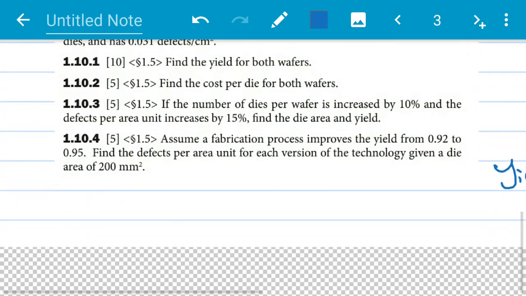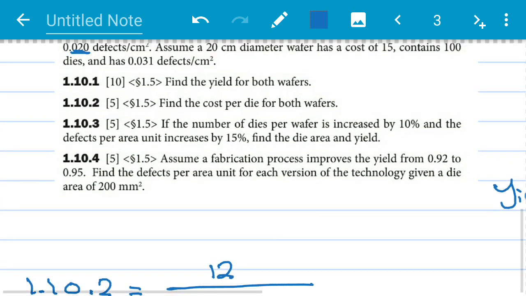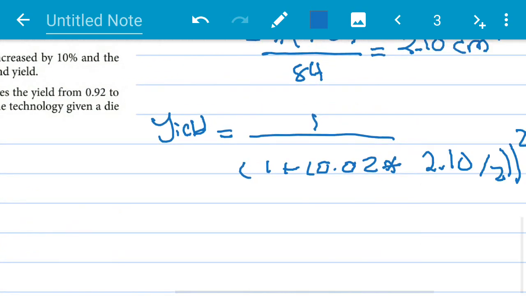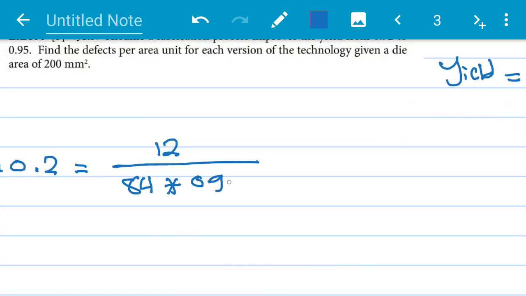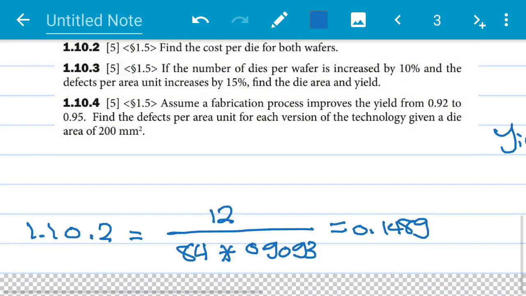It is 12. So 12 over dies per wafer, which is 84, times the yield we just calculated as 0.9093. That results in 0.1489. So here we calculated the cost per die.